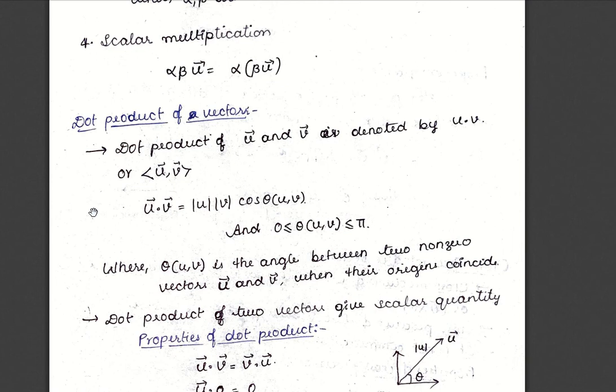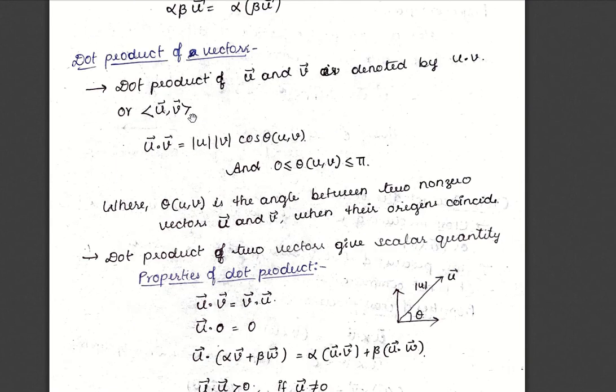Dot product of vectors. The dot product of vectors is represented by u dot v, or in this way, in these brackets. Whenever you say dot product, you have to remember cos theta, because the dot product is the multiplication of the magnitudes of these two vectors multiplied by the cosine of the angle between them: u v cos theta.